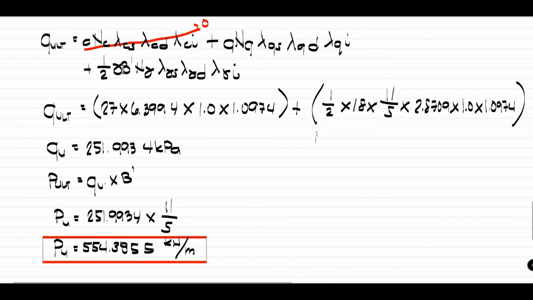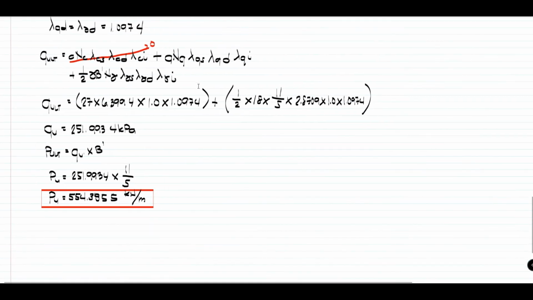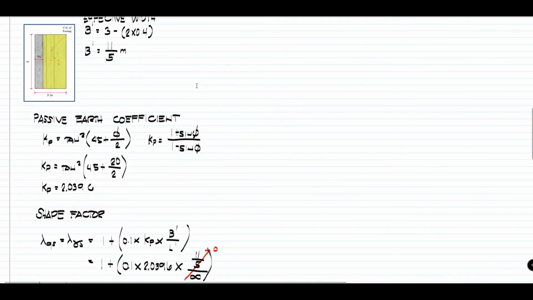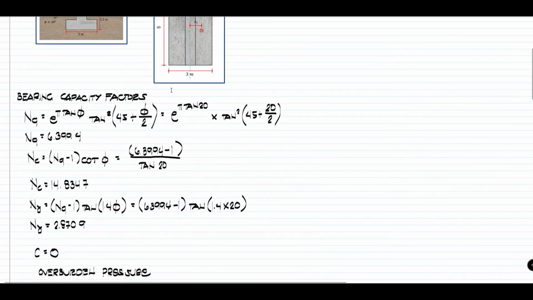Ngayon, dako naman tayo dun sa Bowles method. Sa Bowles method, syempre, ang magbabago lang dito, pares pa rin sila ng shape, pares pa rin sila rather ng bearing capacity factors.